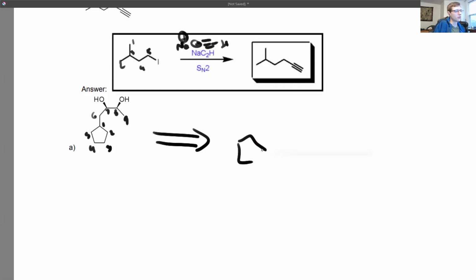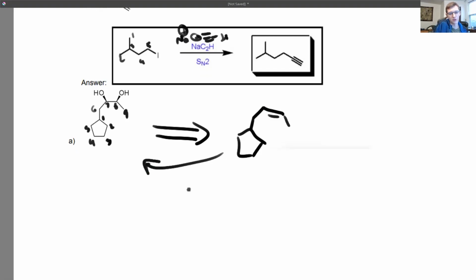Here we go. That's ugly. It's okay. Whoops, I drew one carbon too few. There we go. If we have a double bond there, specifically a cis double bond, well, we can go from here and syn dihydroxylate. And what do we use to do that?